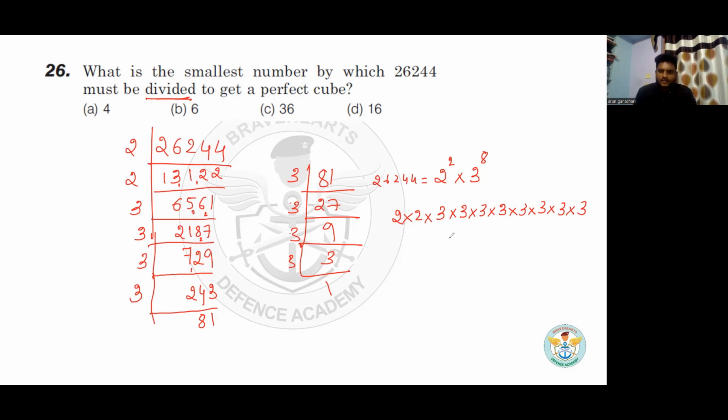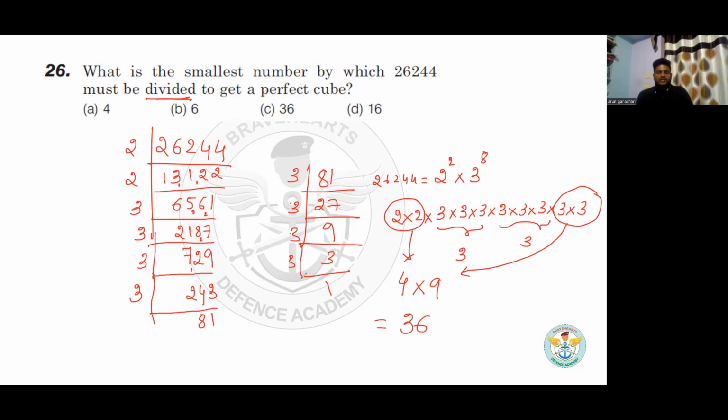Okay, so I'll do the grouping of 3 digits. So 1 3 here, 1 3 here. So what is the extra part? Extra is 2 3s here and extra is 2 2s here. What is 2 2s? 2 2s are 4. And what is 3 3s? 3 3s are 9. So what will be my answer? 4 9s are 36. I should divide it by 36 to make it a perfect cube.